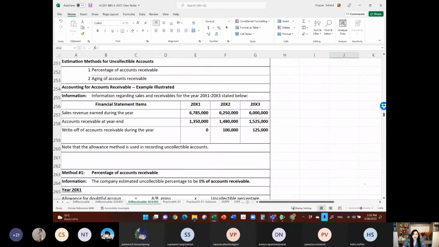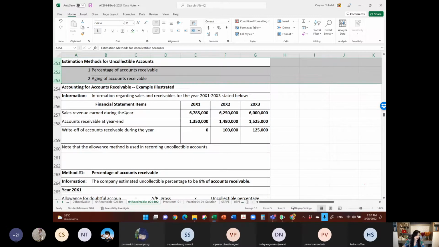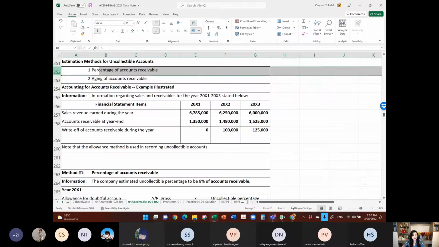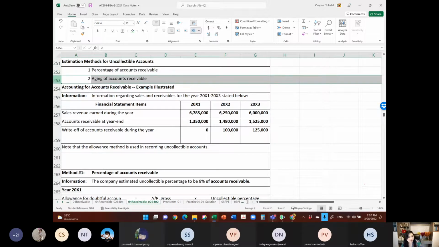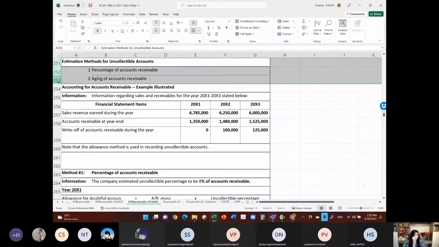When we say estimation, we have basically two methods here. The first one is called percentage of the receivable, and the other one is called aging of the accounts receivable. Okay, so these are the two methods of calculation. I will start out with the percentage of the receivable, and when we are done, I will give you a break.